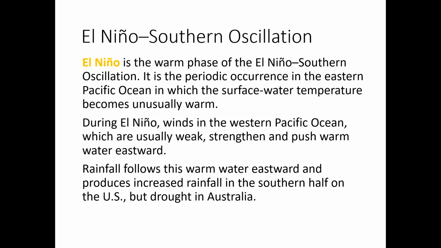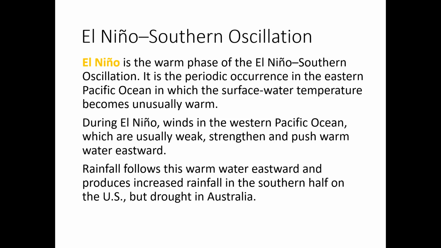It's a pretty simple idea. Over in the Eastern Pacific Ocean, for El Nino, you have the surface water temperature becoming unusually warm.